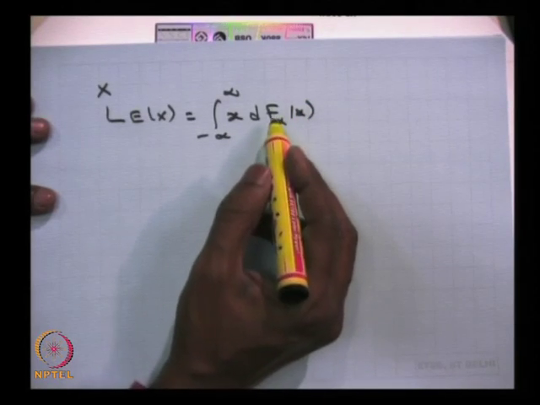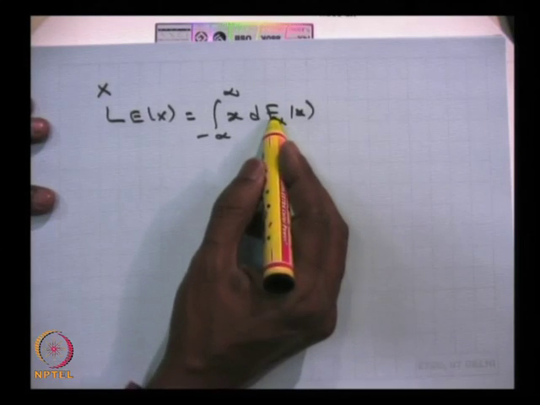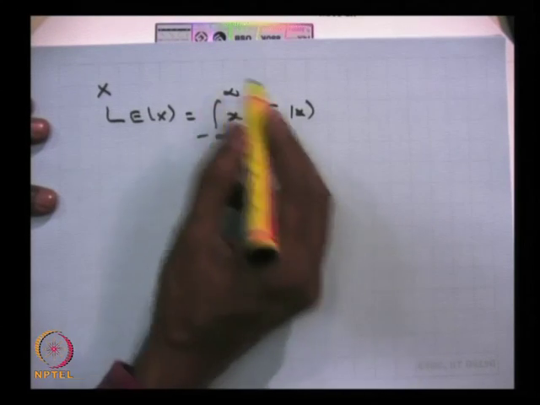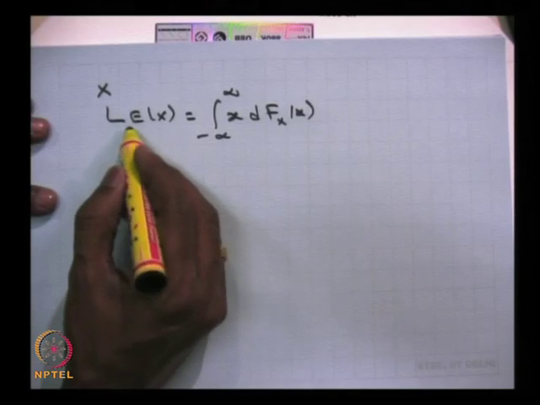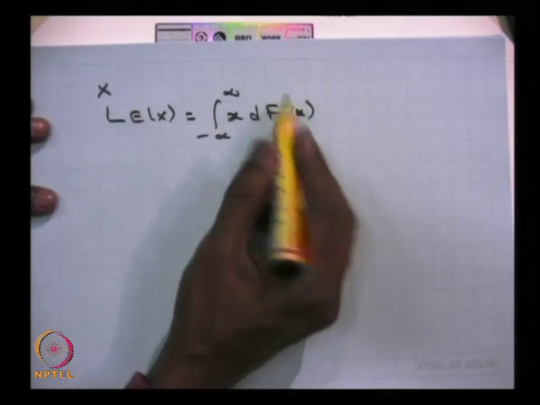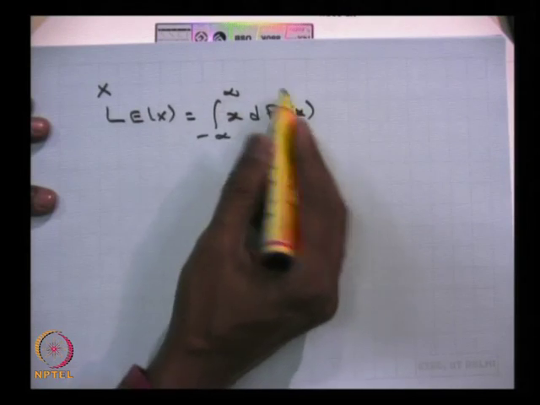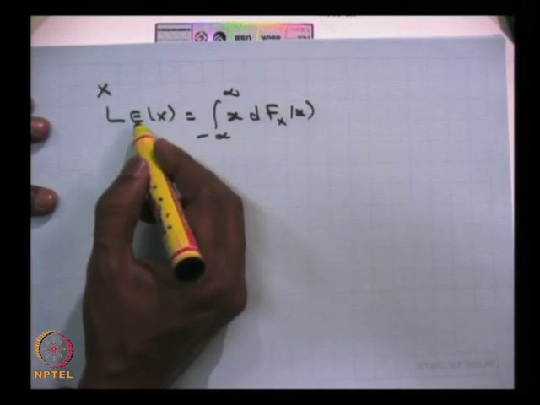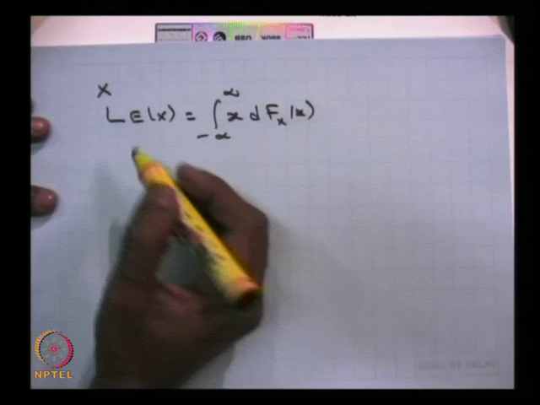Whether the random variable is discrete, continuous or mixed type, if this integration exists, then you can give the expectation equal to this value. If the integration does not converge, that means it diverges, then you cannot write the expectation of x.